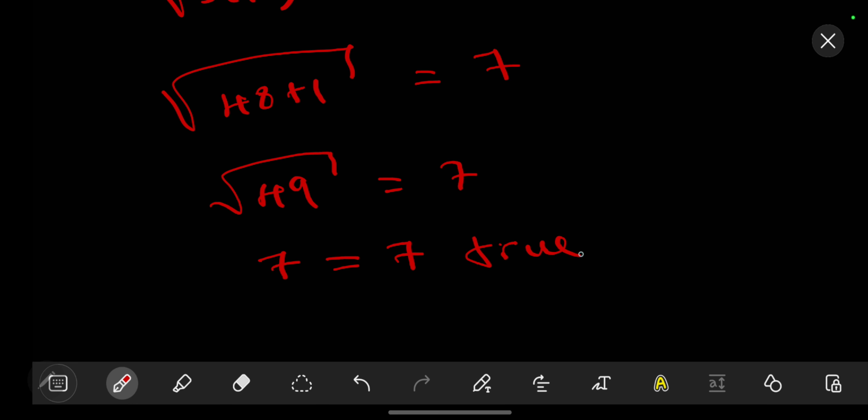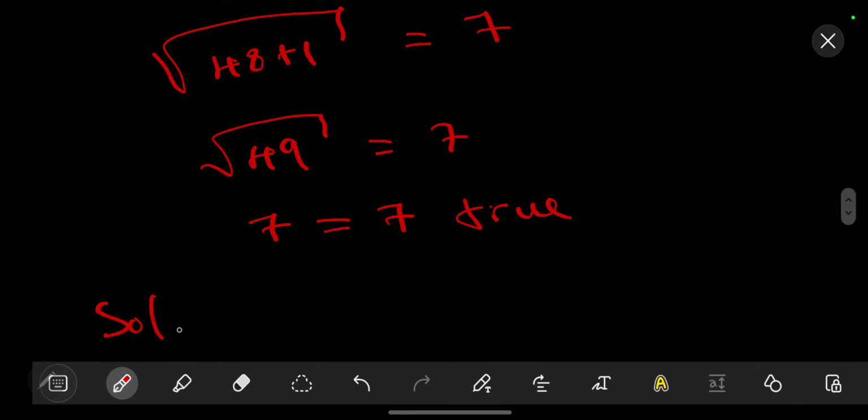So this is true. So we can say that the solution set is the value that is working, so x equal to 16. This is your solution set. Other problems won't have a solution, and the solution set will just be an empty set.